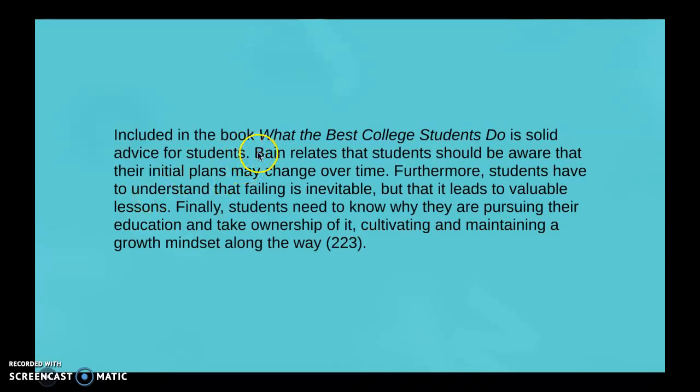So I indicated my steps. I didn't put a pointer for the first step, but I have furthermore and then finally to indicate the 3 steps in my own paraphrase of the main points. Here, for taking a different path, I put that their initial plans may change. Failing is inevitable, but lessons can be learned is how I reworded the second point. And then to know why, for their purpose in their education, I put to know why they're pursuing their education, to take ownership of it.